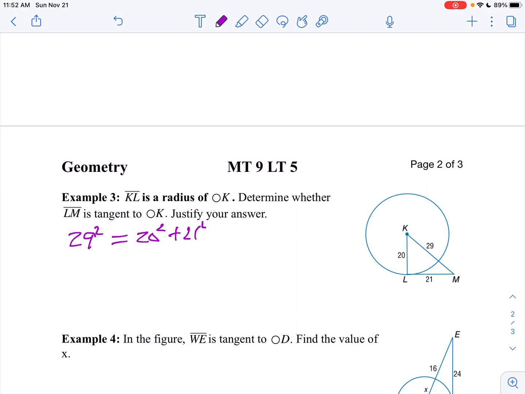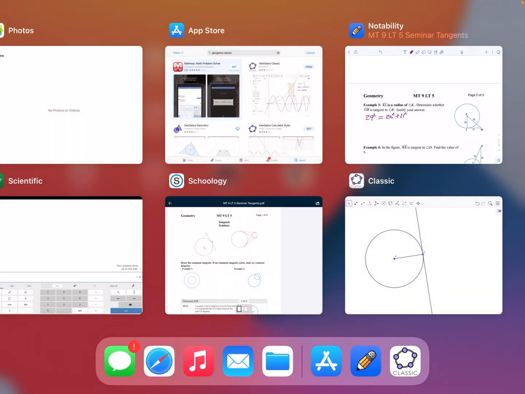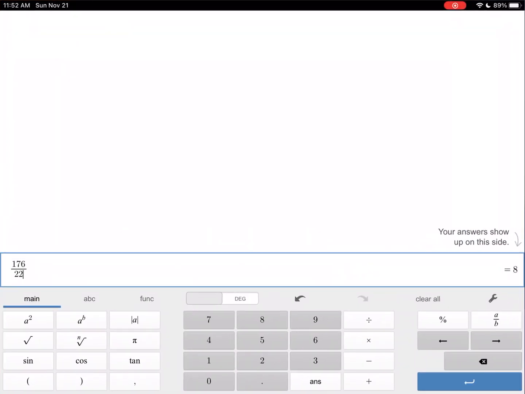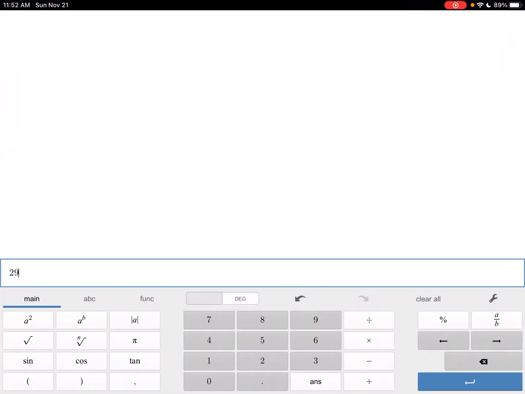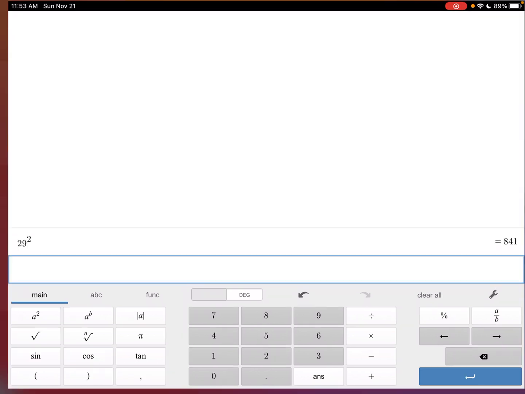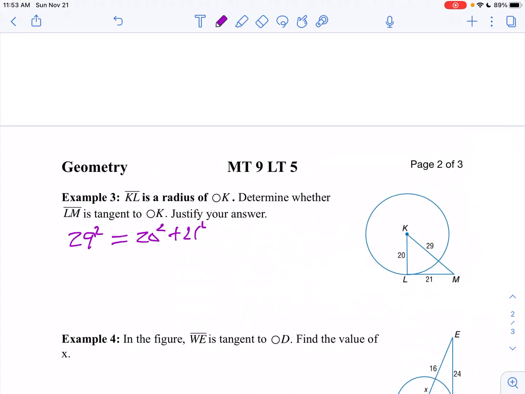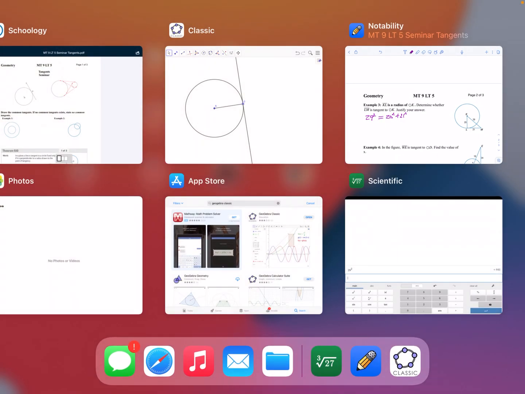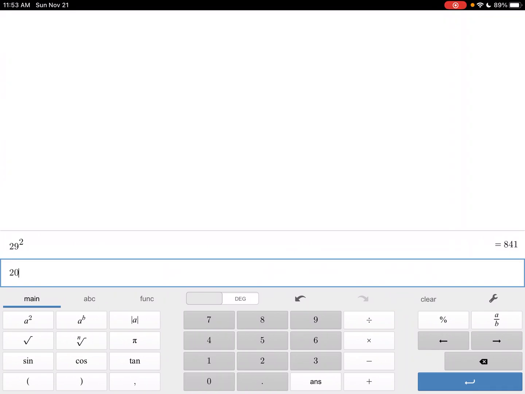Well, let's go ahead and do it. So 29 squared, use my calculator here. There we go. So 29 squared is 841. And then I'm going to compare that to 20 squared and 21 squared. So if I go 20 squared plus 21 squared, I get 841, don't I?